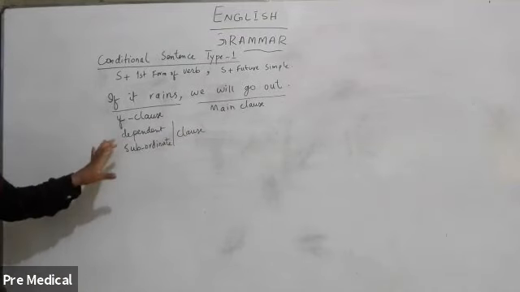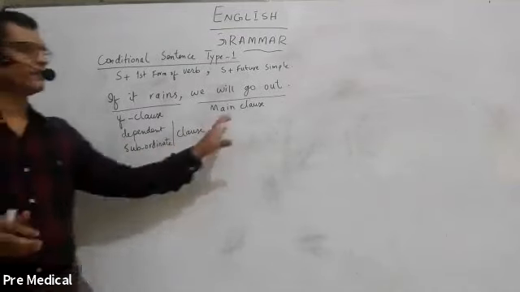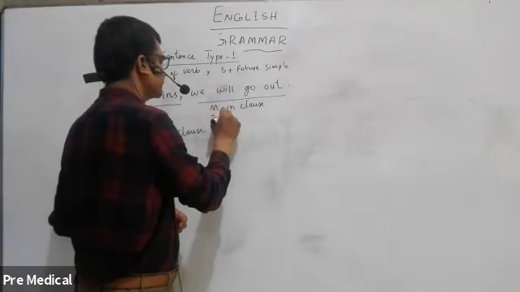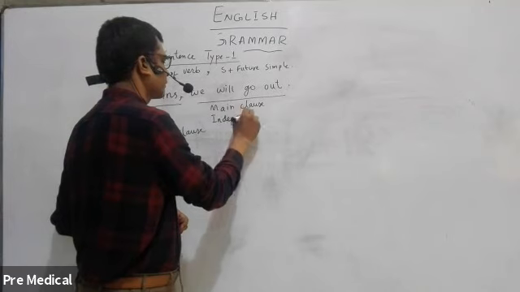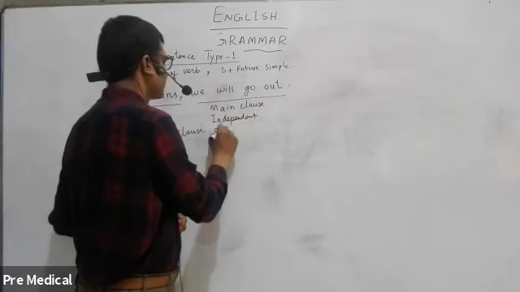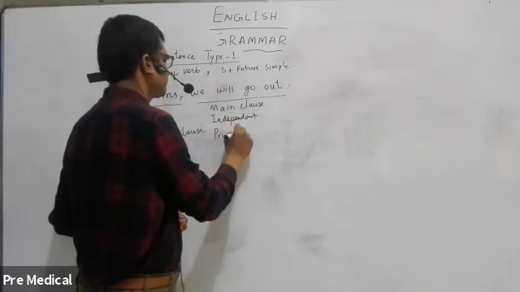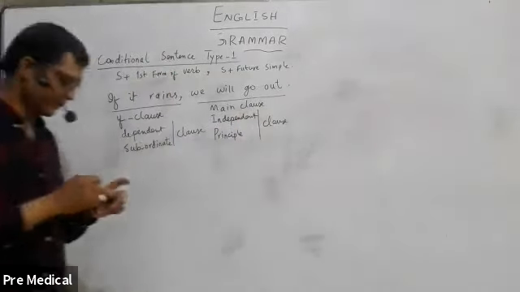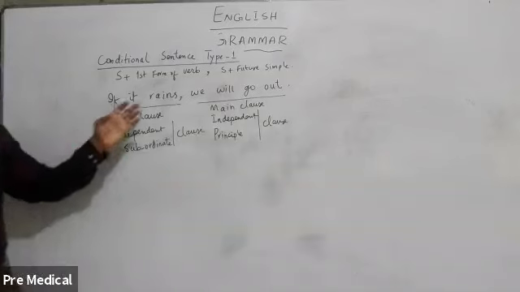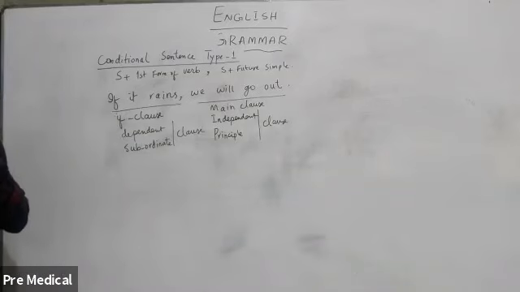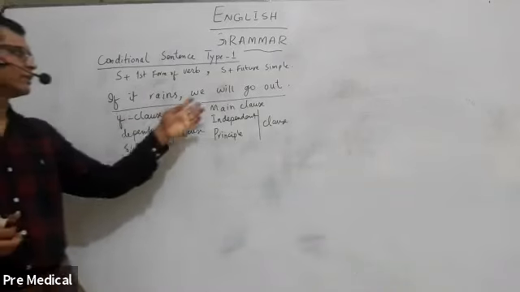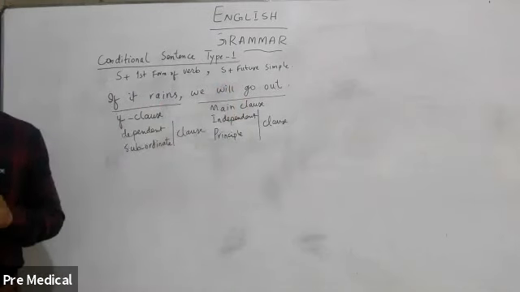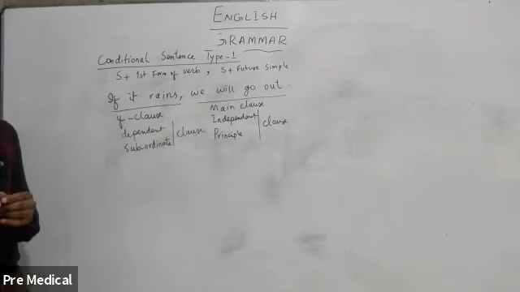If clause, dependent clause, or subordinate clause, and then the main clause or independent clause, or principal clause. With if, it is always present simple, first form of a verb, and with the main clause, it is always future simple. Like if it rains, we will go out.